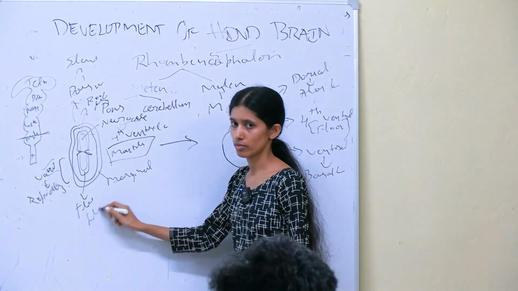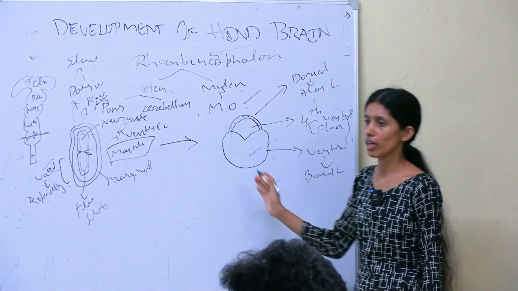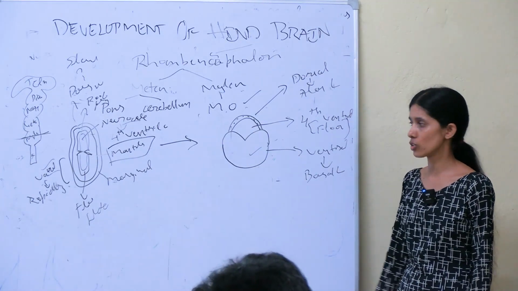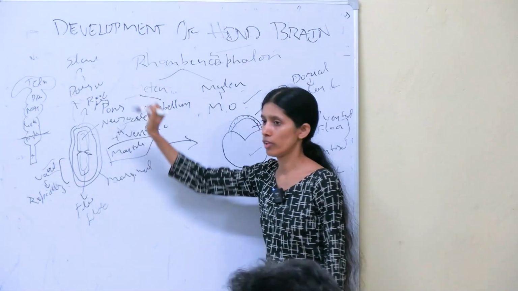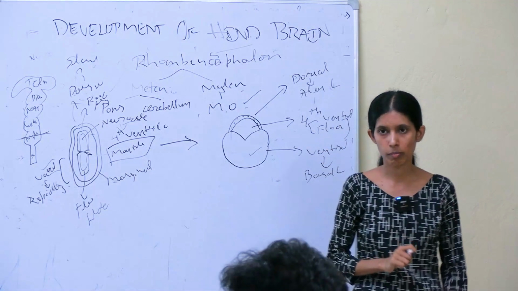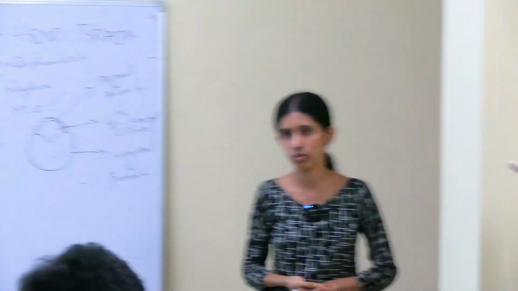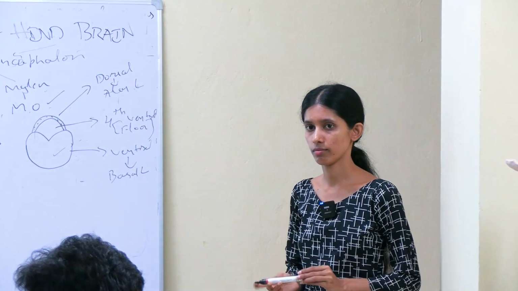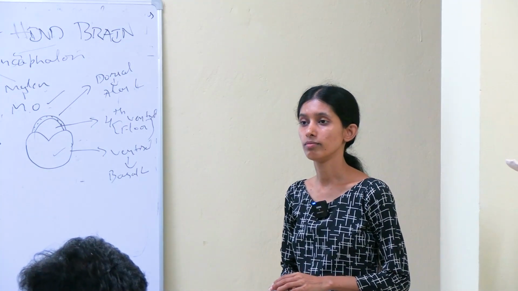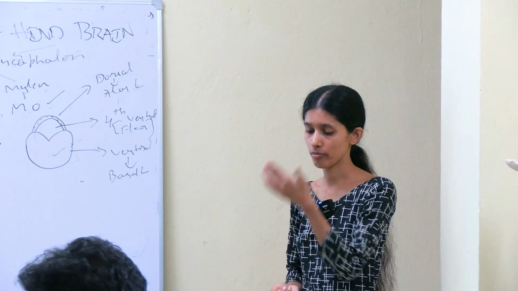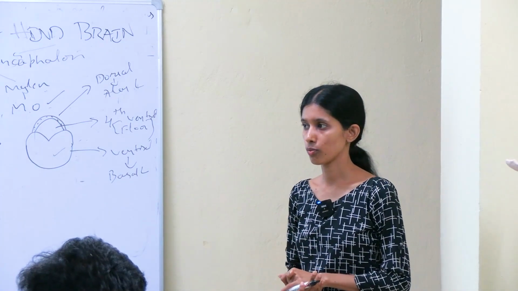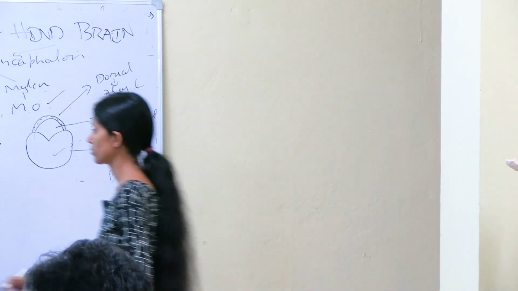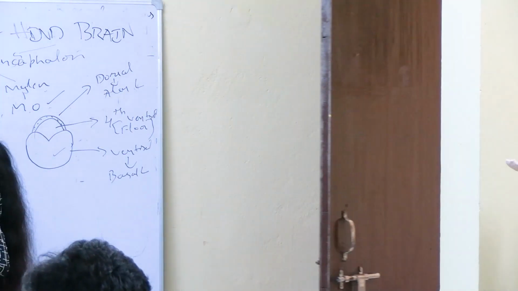Okay. So now in this part we all know we have roof plate and here we have floor plate, right? So during the development we can see certain changes in the roof plate. For that changes we have to remember about the flexures. So what are flexures and how many types of flexures we have studied? 4 types.